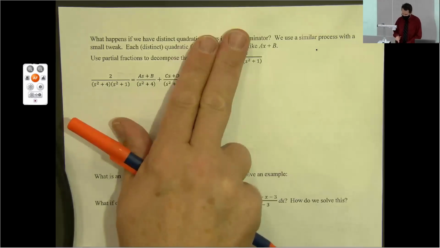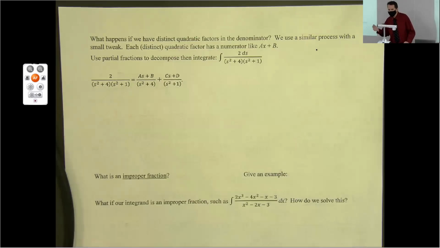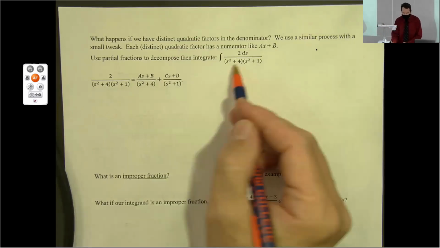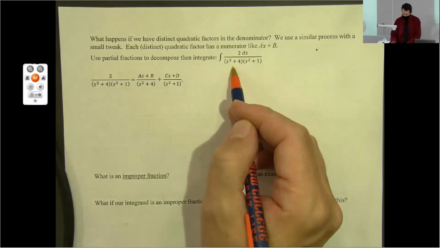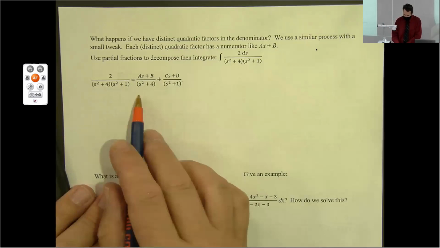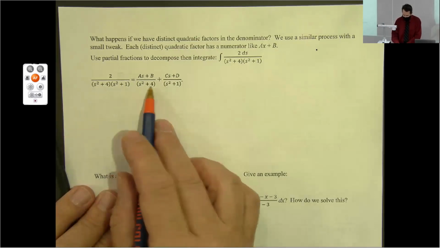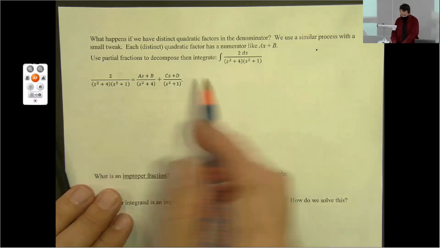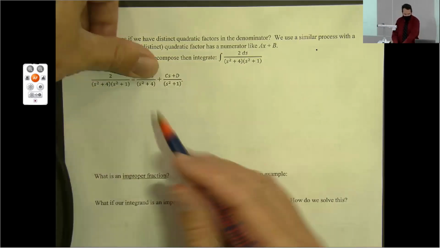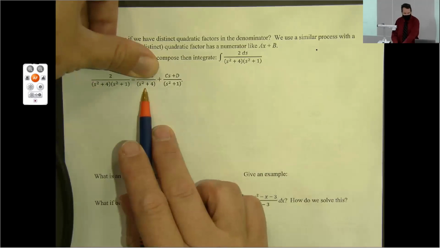Nope. So we're going to pull a similar trick here, but since these factors are no longer linear but quadratic, we're going to need to make a small change. We're going to do just what we did. We're going to have our factor pieces here, but since this bottom is a quadratic factor, the top doesn't have to necessarily just be a constant.